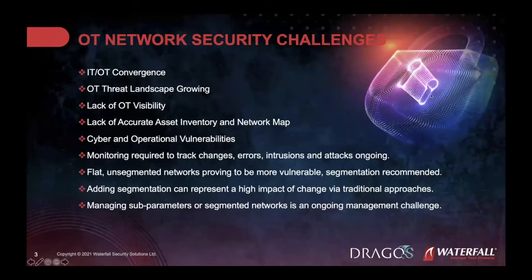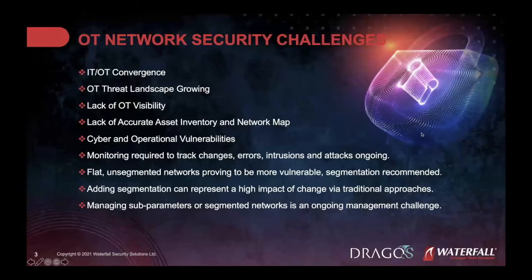So we're all aware of many of the challenges that you see here. The first is the OT IT convergence that's happening out there. We are all very well, I think, becoming more familiar with this being a trend in the market right now. It's bringing a lot of business and operational advantages, but at the same time, it's unfortunately growing the OT threat landscape.